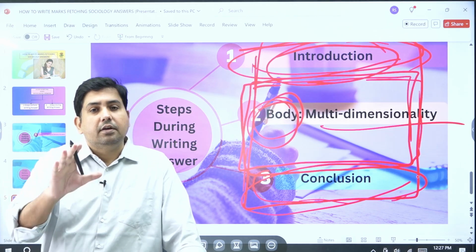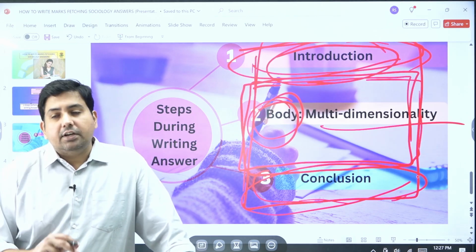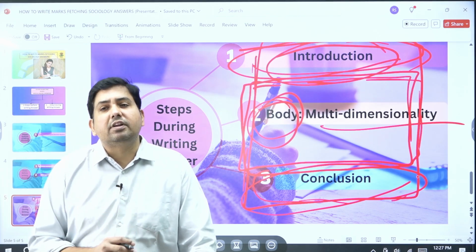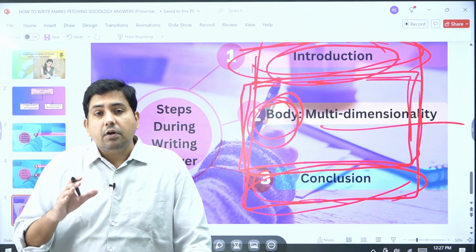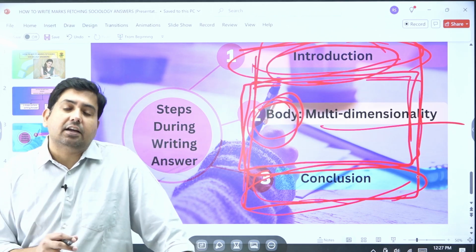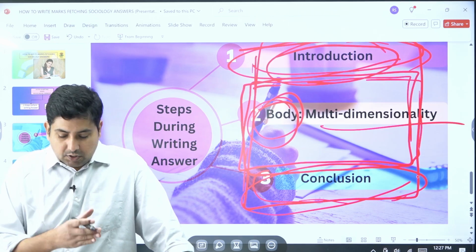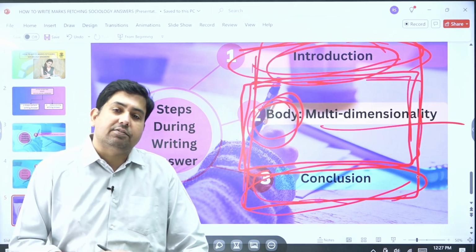For example, you have studied Durkheim. So if the question is on Durkheim's concept of division of labor, you must mention concepts like low division of labor, high division of labor. The concept we spoke about, that conscience collective.